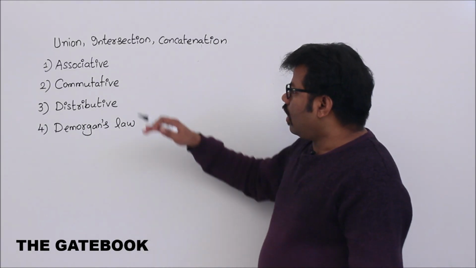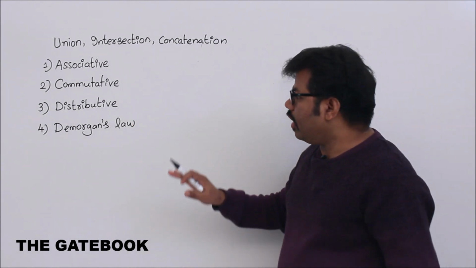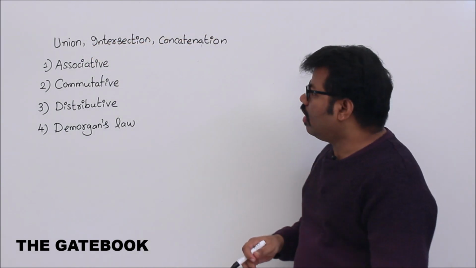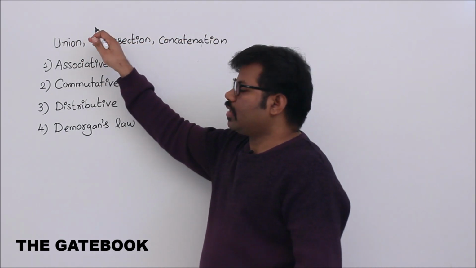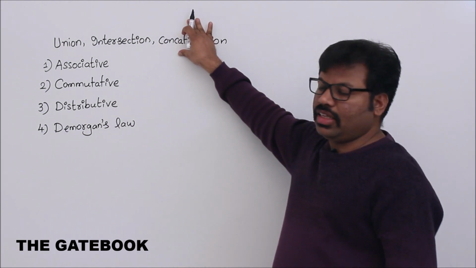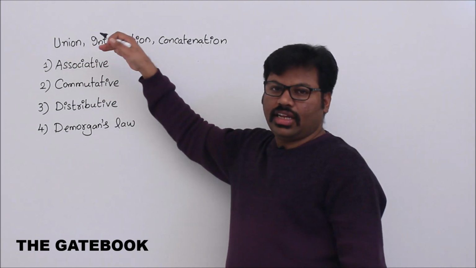Now we'll see the associative property, commutative property, distributive property, De Morgan's law, and how many of them are applicable for union, intersection and concatenation. Of course, you know about union and intersection, so I'll go a little quickly over them, but when it comes to concatenation, then I will discuss. Union and intersection are associative.